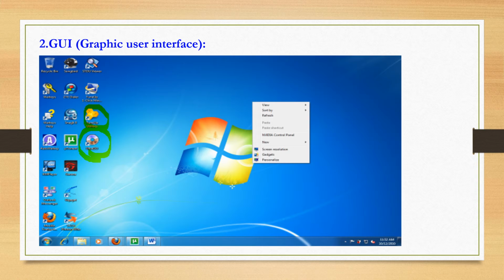When we just click on those icons, a particular activity takes place, or a particular program starts running. Like suppose I have to open the music player, I am going to press the icon of the music player or Windows multimedia player.